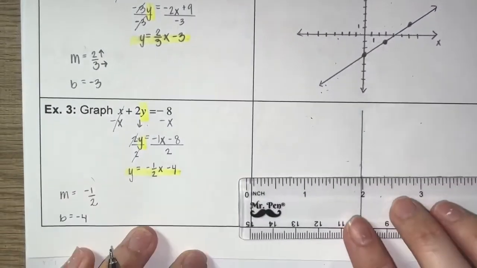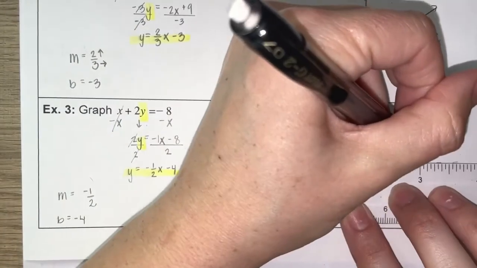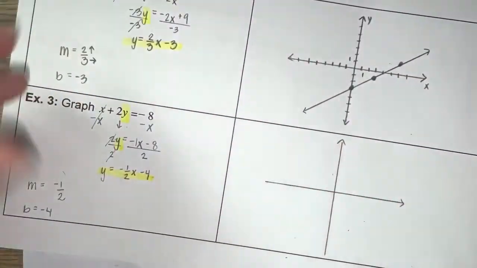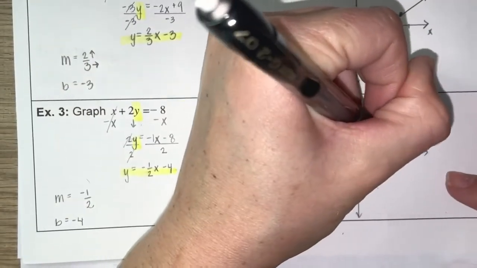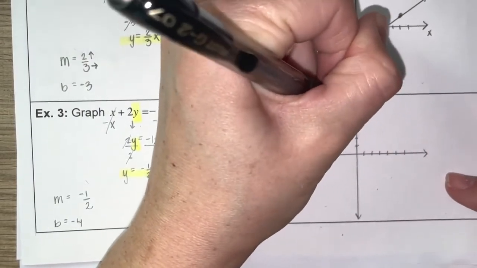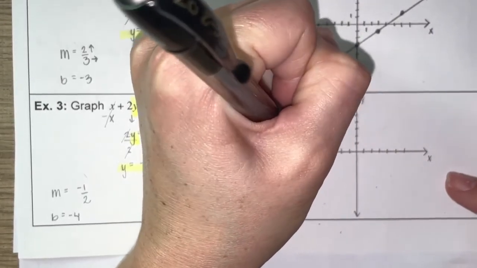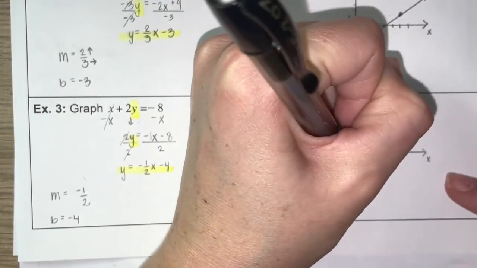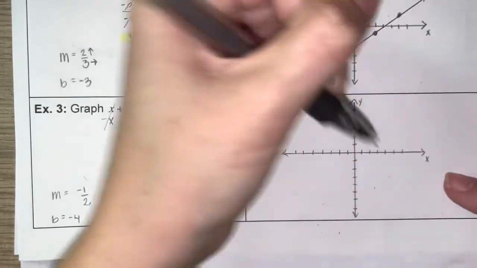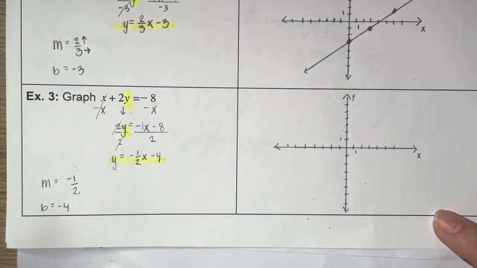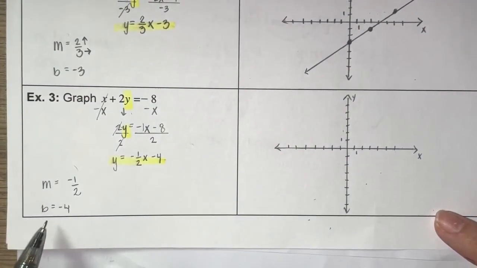And then I'm ready to set up my graph. And then each tick mark is worth 1 unit. So my m is negative 1/2, my b is negative 4, so I have to begin at negative 4 on the y-axis.